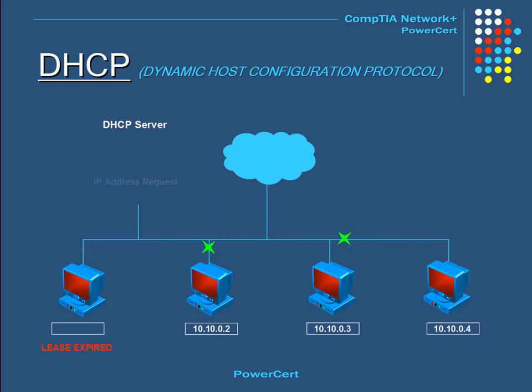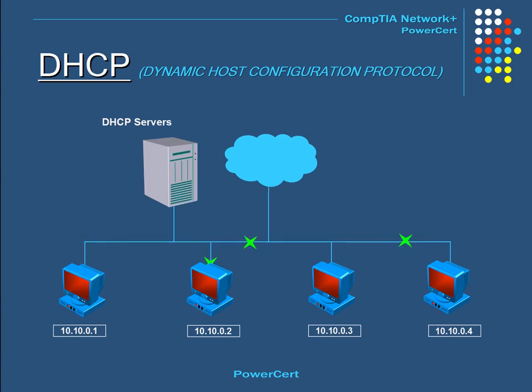This would also affect when new computers are added. They will not be able to access the network without an IP address. It's important to remember that this is only the case if the computers were configured to obtain an IP address automatically. So this would have no effect if they were configured for a static IP.